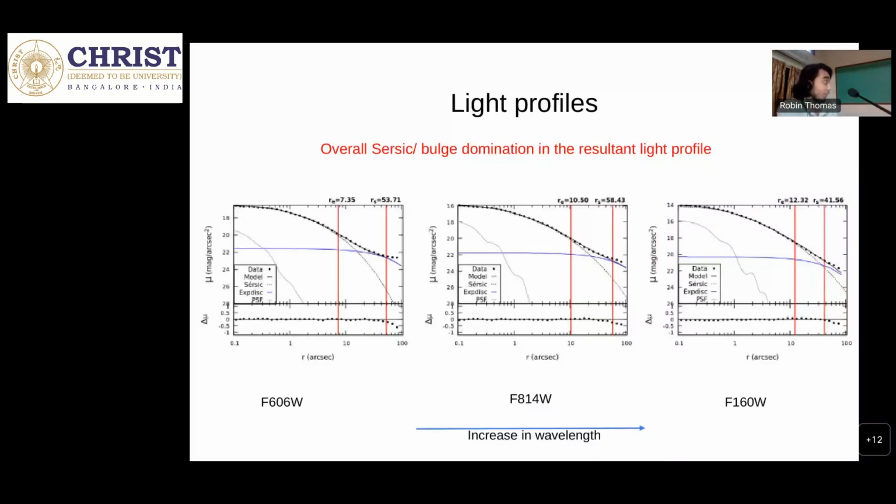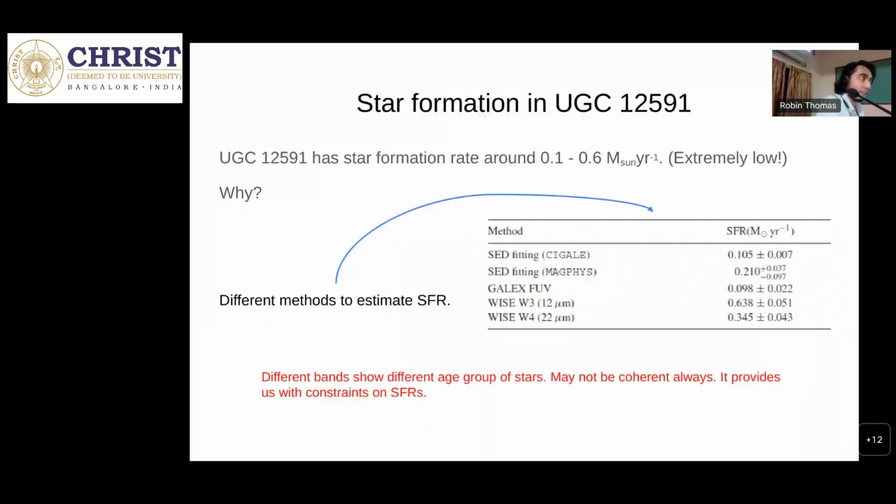Okay. Now, what kind of effect that bulge has on the star formation of the galaxy is an interesting thing to know, because we estimated the star formation rate to be around 0.1 to 0.6 solar mass per year from various methods, because different bands generally tend to give different star formation rates of different time scales and different regions.